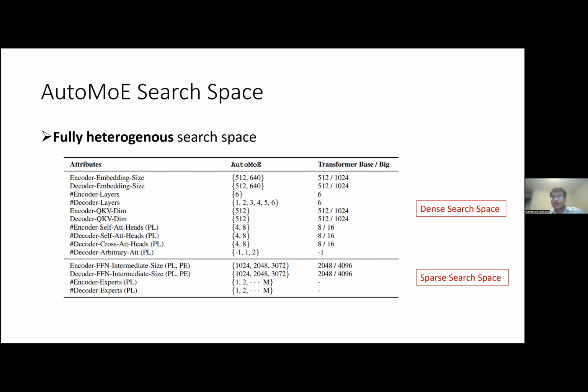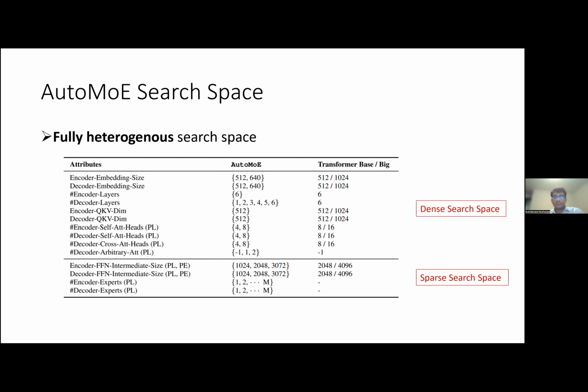We do have one hyperparameter here, which is capital M, the maximum number of experts allowable in any layer. For instance, in all of these works, we assume that capital M equals 16. So 16 experts are the maximum number allowable in any layer, and AutoMoE tries to find a subset of them of variable sizes and also the layers where we are going to place them.